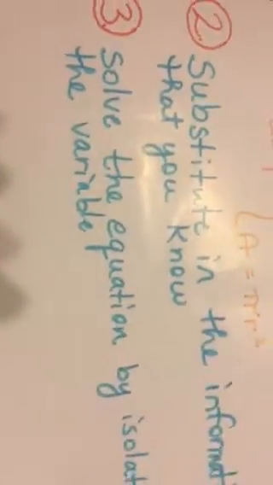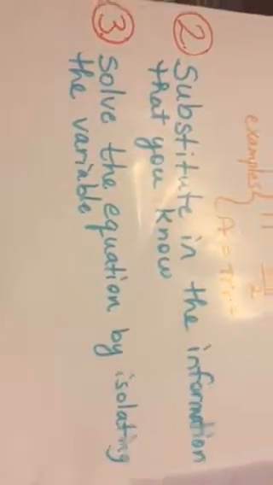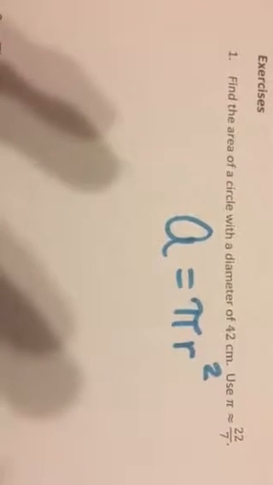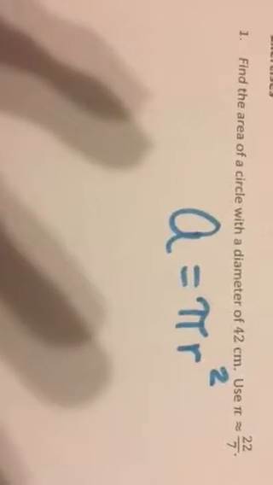Second step. Go back to the steps. Substitute in the information that you know. The information that you know is given in the problem. Sometimes there's a drawing, sometimes there's not a drawing. And I know you guys hate it when there's not a drawing. Find the area of a circle with a diameter of 42 centimeters.